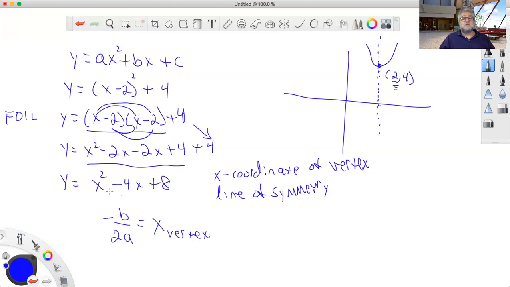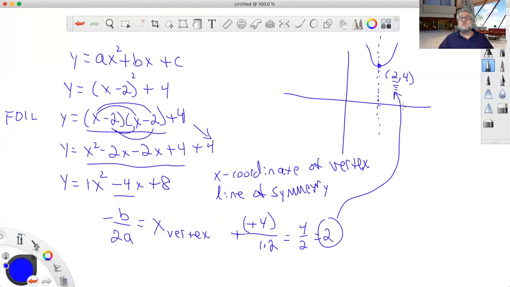So let's see, minus b, for ax squared plus bx plus c. So b is minus 4 over 2a. A is 1. Minus times minus will become positive. 2a is 1 times 2, right? A is 1, but you still have a 2 there. So we get 4 over 2, which is 2. Holy mackerel, look at that.